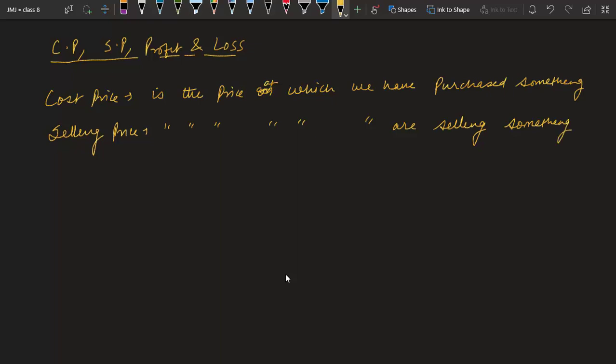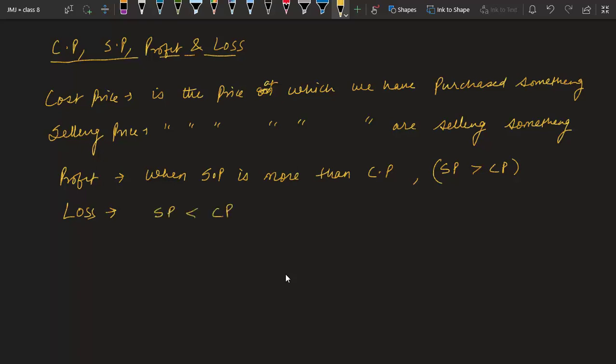Then we have profit. Profit is the condition when selling price is more than cost price, that is SP is more than CP. In this condition we say profit has occurred, and when the reverse condition is there, that is SP is less than CP, we say we have incurred a loss.